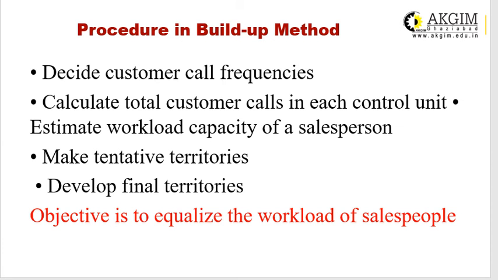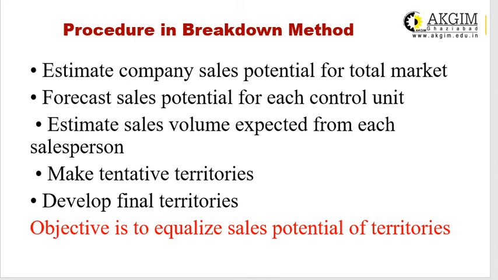The next slide will talk about the procedure in the breakdown method. So you can see one is moving from the bottom to the top, and one is from the top to the bottom. In the breakdown method, the first thing that is done is an estimate of the company sales potential of the total market. Then a forecast of sales potential for each control unit is calculated.